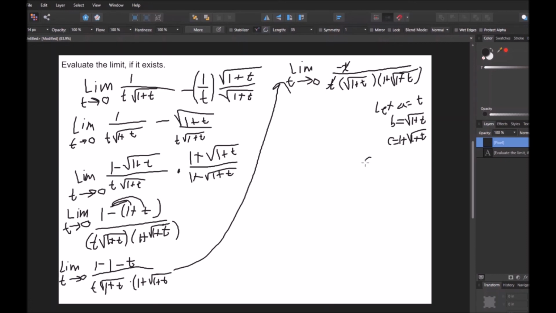What we have here is a over abc, a times b times c. So we can just cancel this out and get 1 over b times c. So that's what we did. So I can rewrite this as the limit as t approaches 0 of 1 over square root of 1 plus t times 1 plus the square root of 1 plus t.